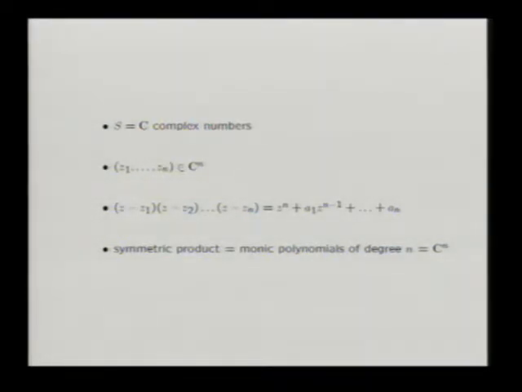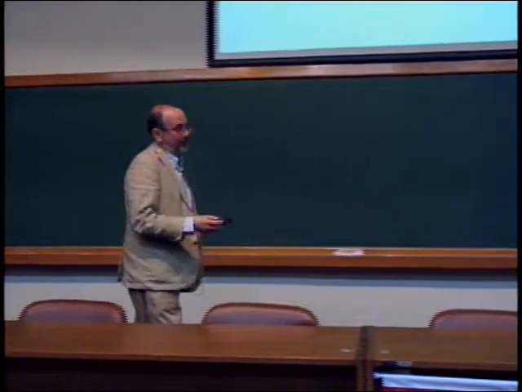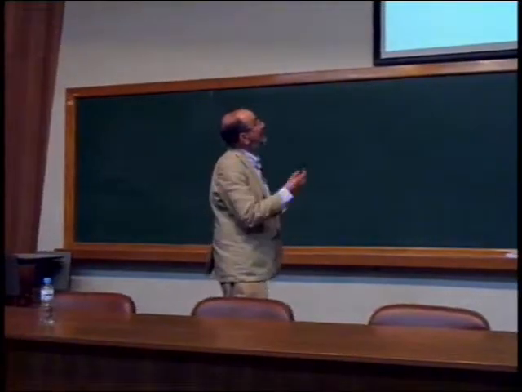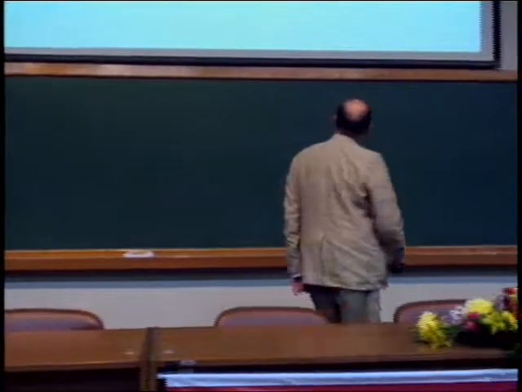And so you can see that actually the symmetric product in this case is actually also C^n. So if I give you these complex numbers, they run up to a_n, then it gives me a monic polynomial, and I can solve that and get, including multiplicities, n unordered complex numbers.